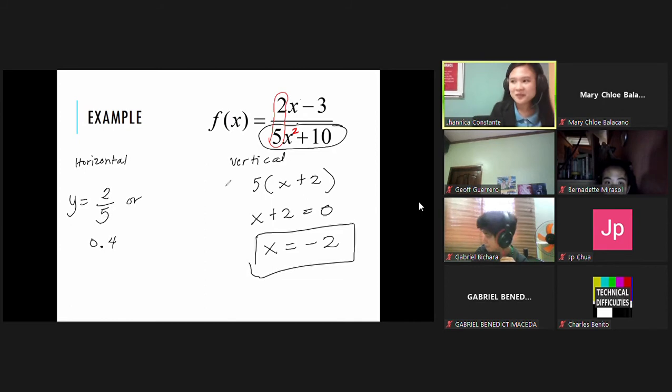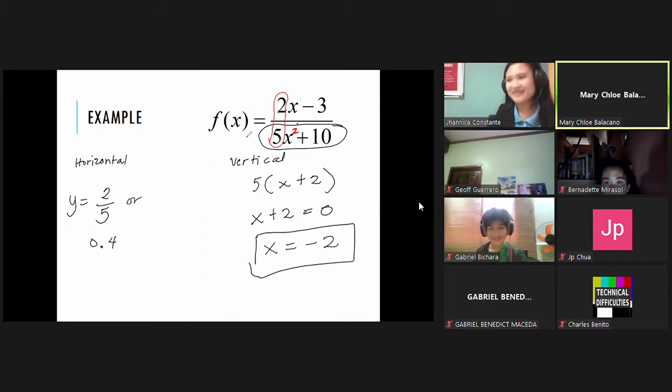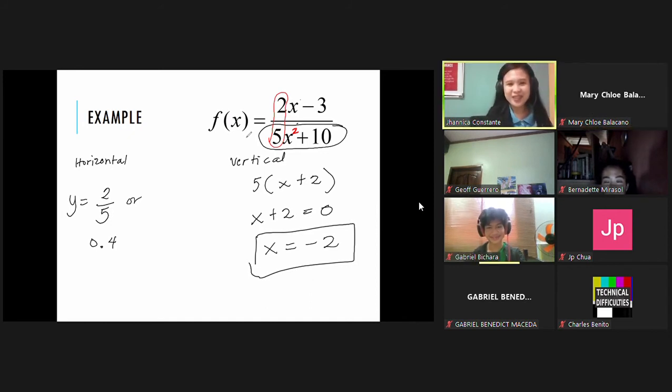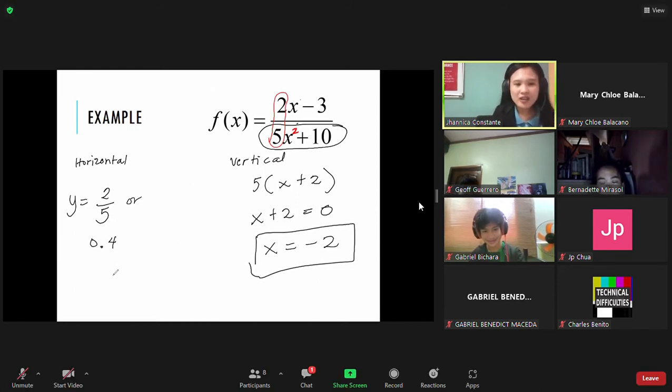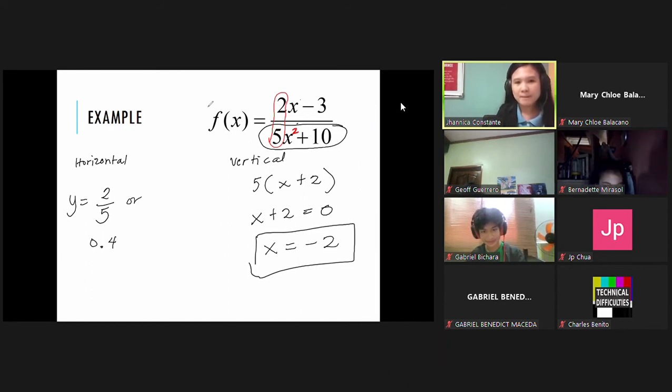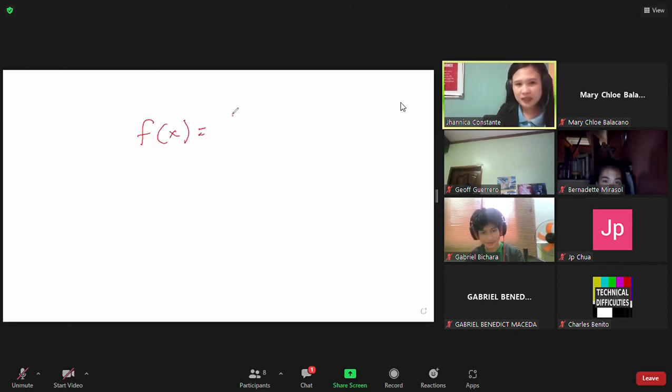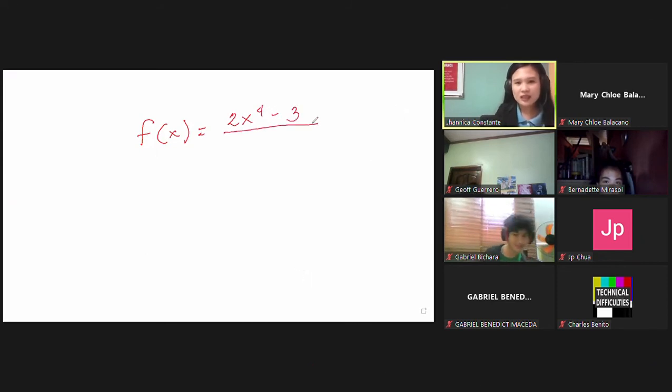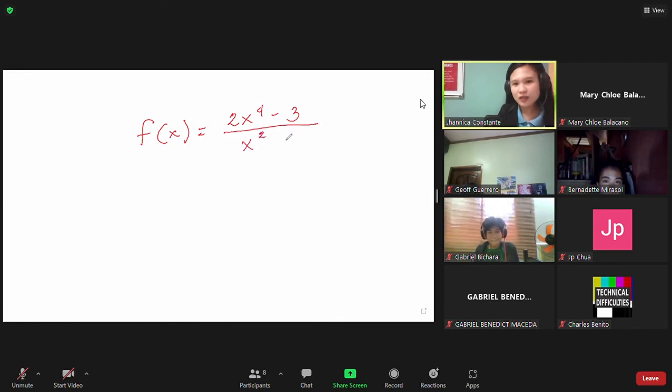Okay? When do we use the long division? You're going to use the long division if you have a higher exponent for your numerator. For example, if you have a rational function, let's say f of x equals 2x fourth minus 3 over x squared plus 1.